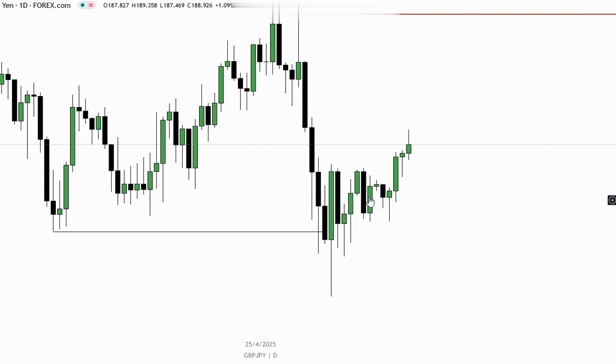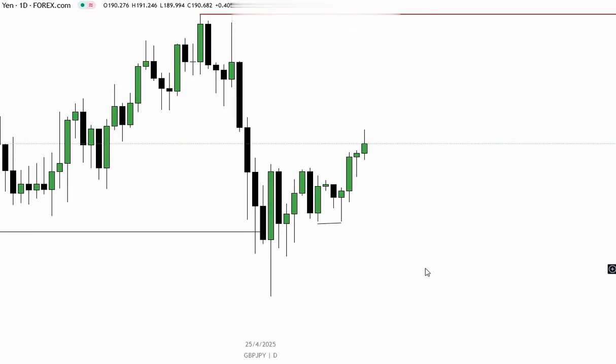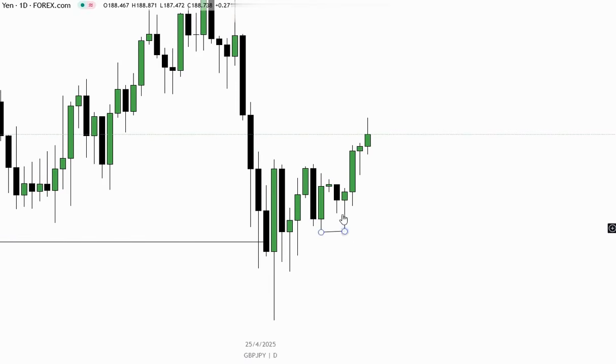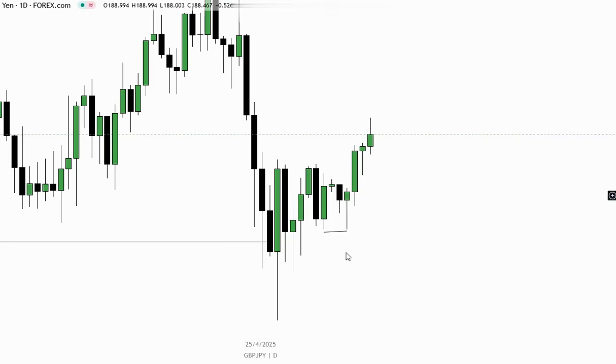This is the same 17th of April. You realize price never took out this low, so it actually formed a higher high. Okay, this is not so clear here. Once we go lower to 1 hour, you will see that.